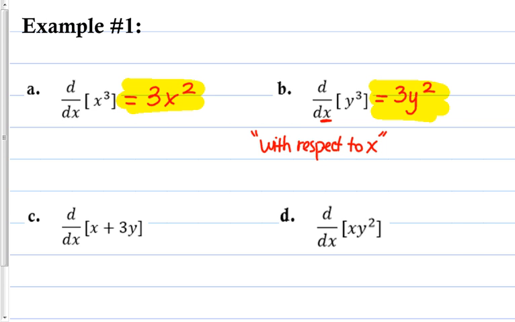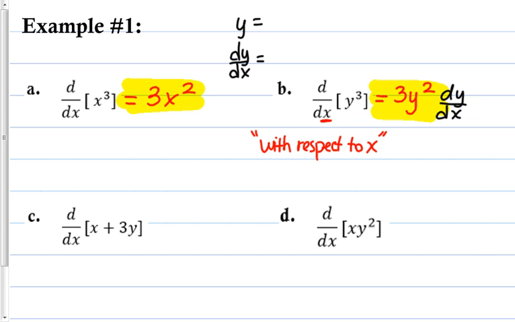3y squared becomes 3y squared times dy dx. And every single time that I take the derivative of y, I have to write dy dx because that is the derivative of y. Since the first time that we started doing derivatives, whenever you derived an equation y equals, one of the options to use was dy dx.